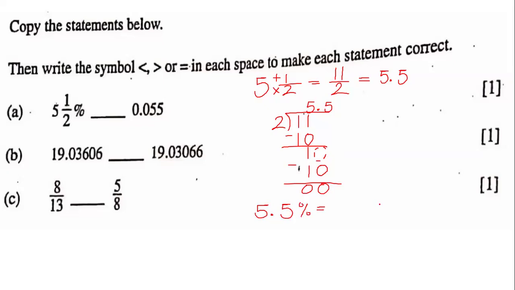So since we divided it by 100, we're gonna move the decimal over how many times to the left? Twice. 1 and 2. So put the point there, right? And then put imaginary 0 here. Right? So 5.5%. So it's gonna be what?